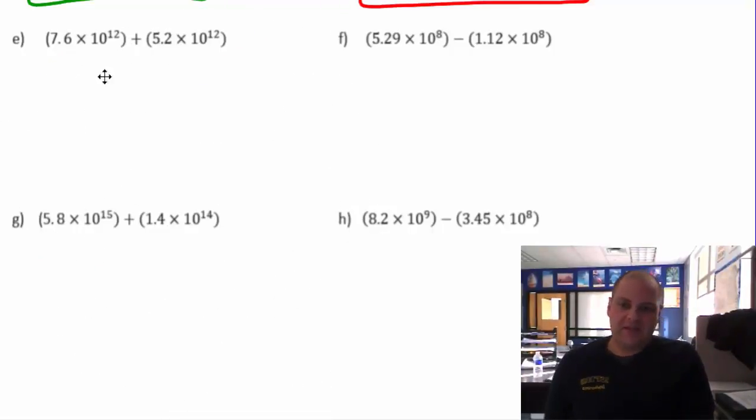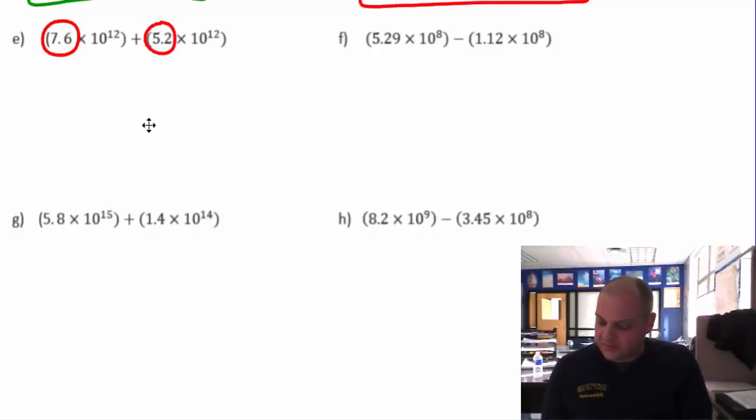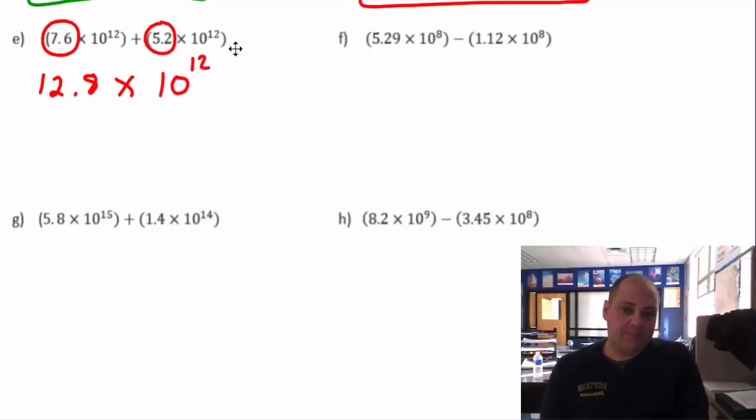So these are going to be easy. We already have 10 to the 12th, 10 to the 12th. 7.6 plus 5.2 is going to be 12.8 times 10 to the 12th. Keep the exponent the same.